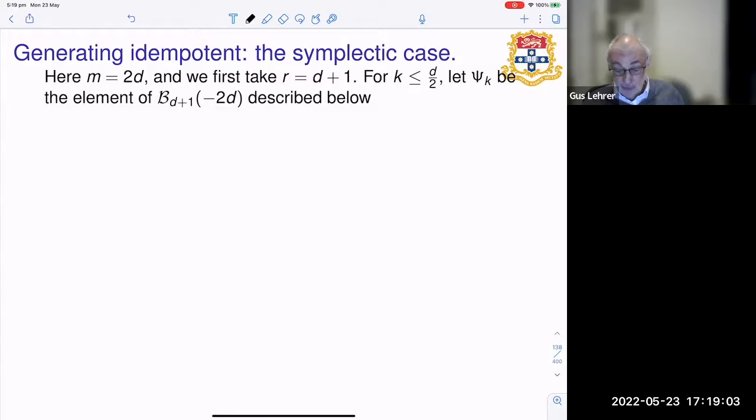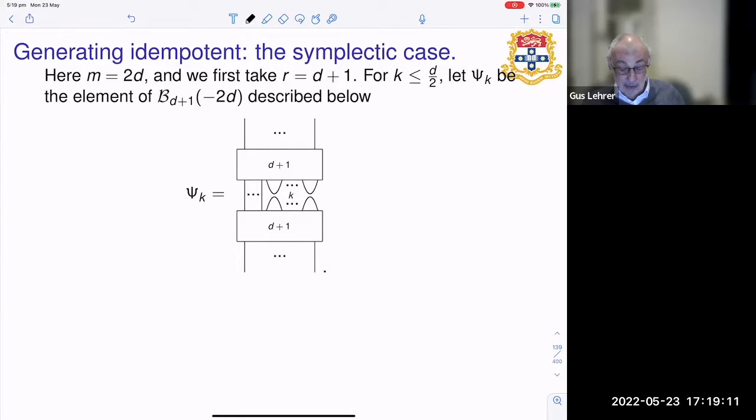as follows. You remember this is the alternating idempotent, except that alternating in the symplectic case means invariant. So this corresponds to the identity representation in some sense. So this is a perfectly good element of the Brauer category, perfectly good morphism from D plus 1 to D plus 1.